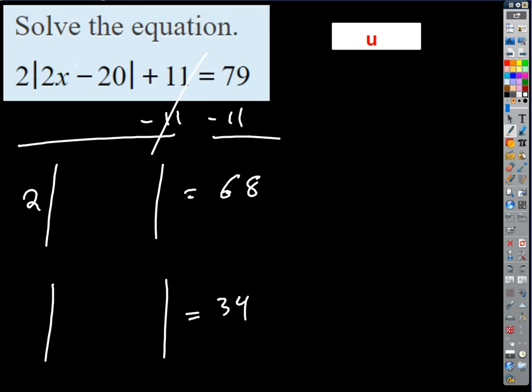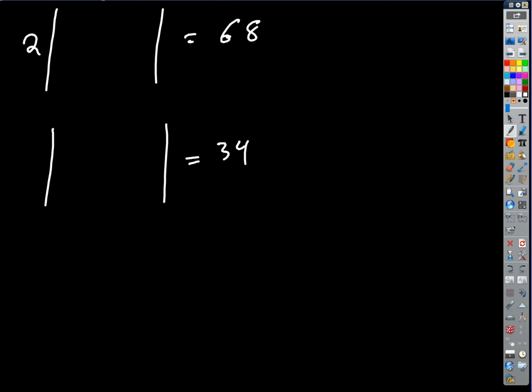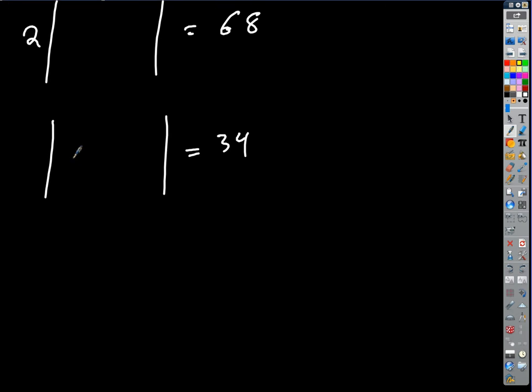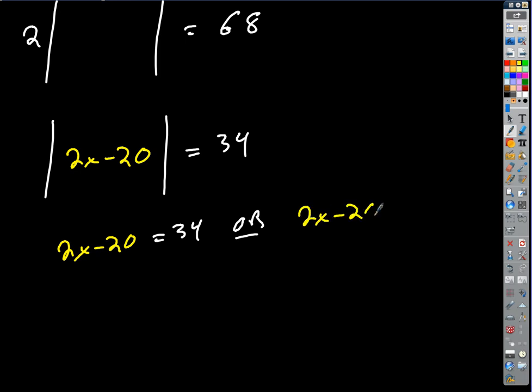So now finally we can look at what's the stuff, 2x minus 20. Okay, so what has to be true? Okay, so 2x minus 20 either has to equal 34 or 2x minus 20 has to equal negative 34.